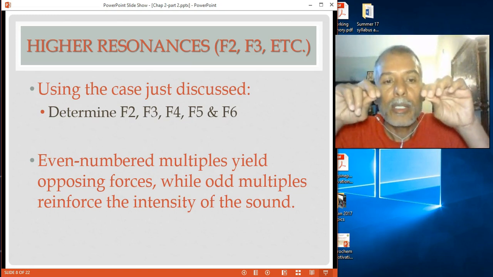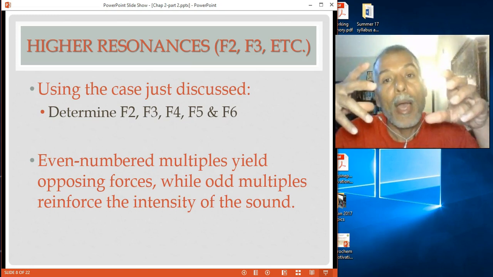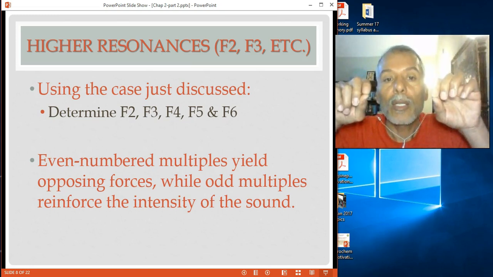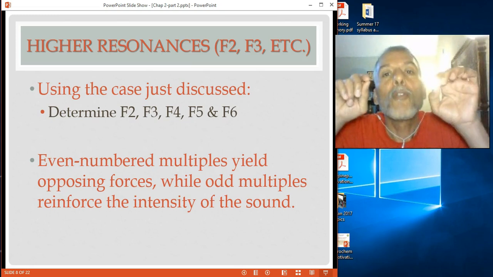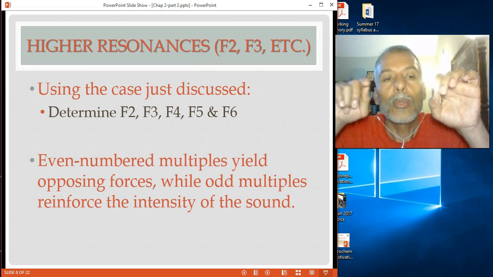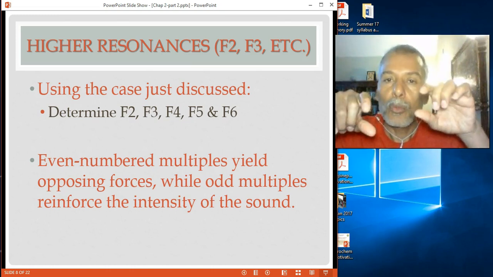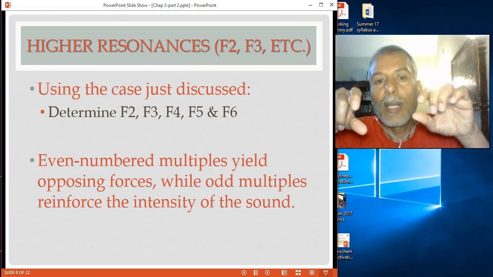These odd numbers are the ones that remain and are amplified. These are the ones that we call formants.